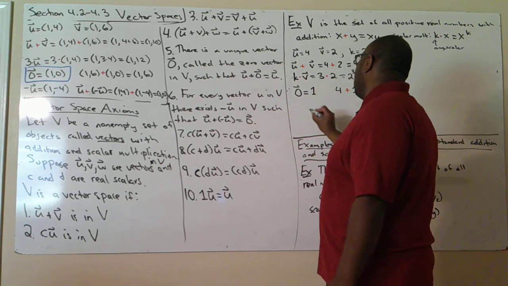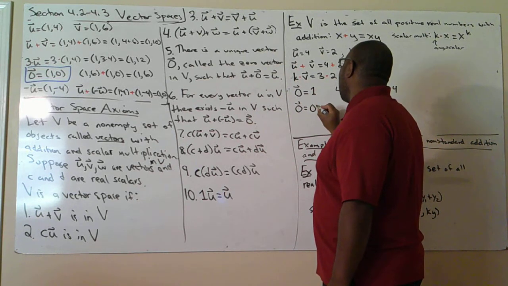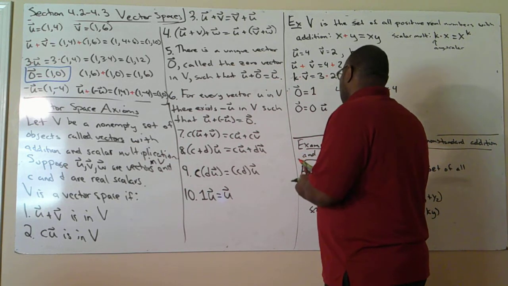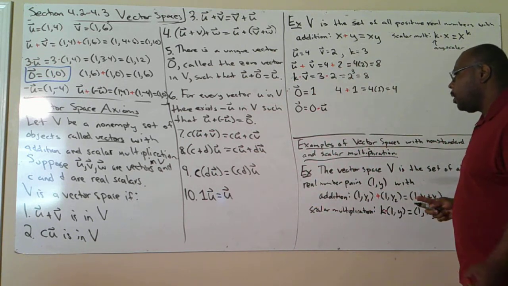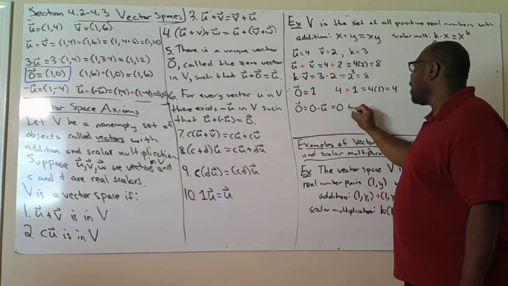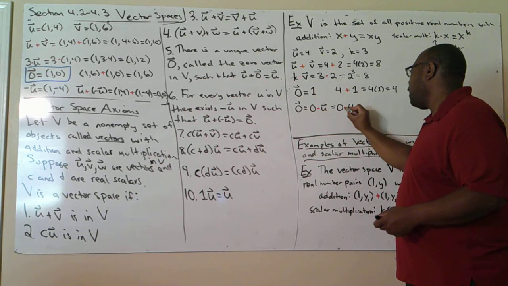So for instance, if I want to find a 0 vector, I could do 0 times u. What was u again? Well, u was 4, right? 0 times 4. I could have chosen any positive number. I'm just using u in this case, being 4.